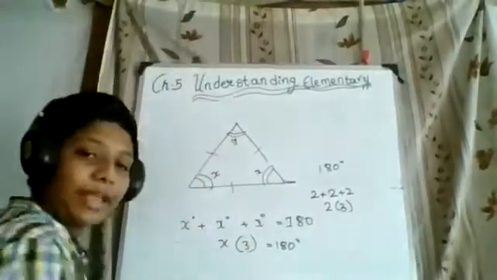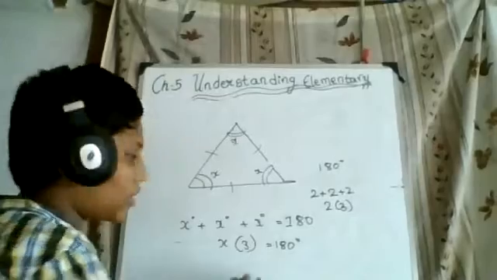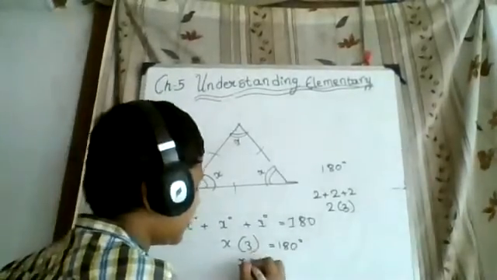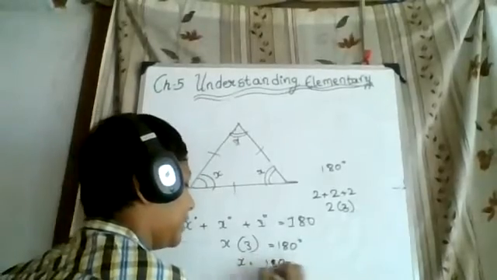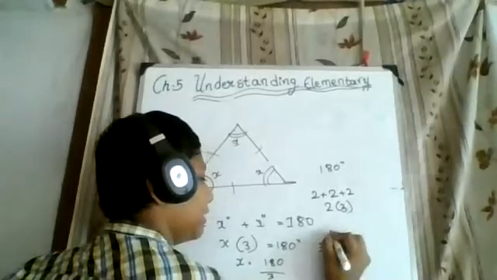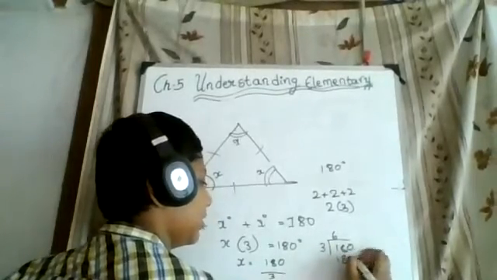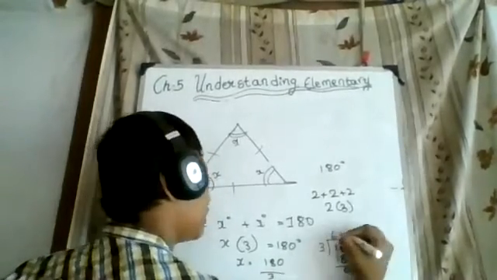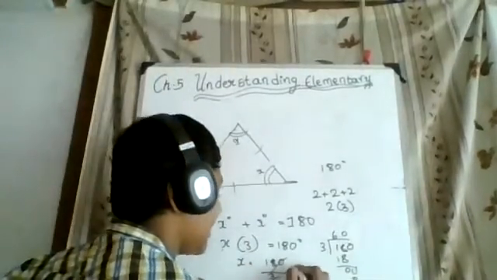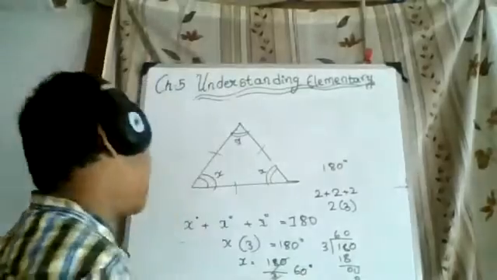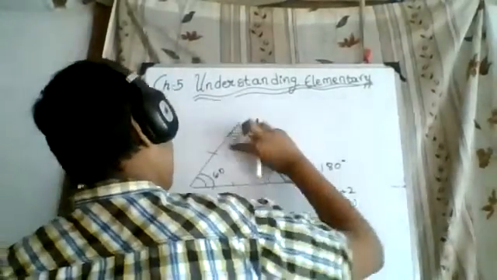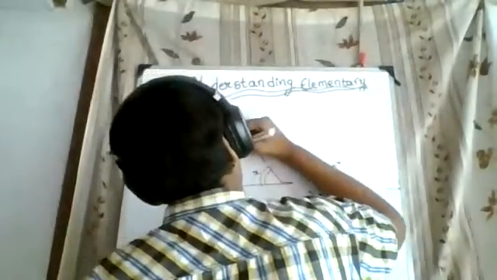It is a multiplication on the left hand side; if it goes to the right hand side, it will become division. So x is equal to 180 by 3. 3 sixes are 18, and the zero follows. So we will get 60 degrees. So the measure of each angle of an equilateral triangle is 60 degrees.